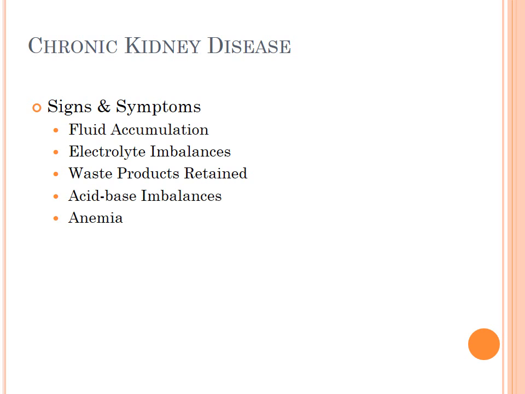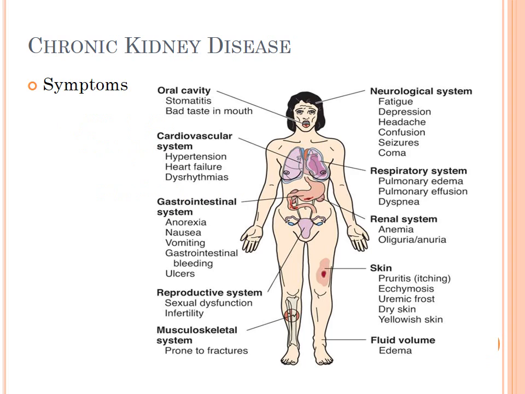You see the BUN and creatinine elevated, acid-base imbalances, and anemia, because think about it, kidney function includes erythropoietin, the formation of red blood cells. So all of this is affected. This picture on this slide, I love these because it shows how no system stands on its own, and you have these body systems-wide effects from chronic kidney disease.